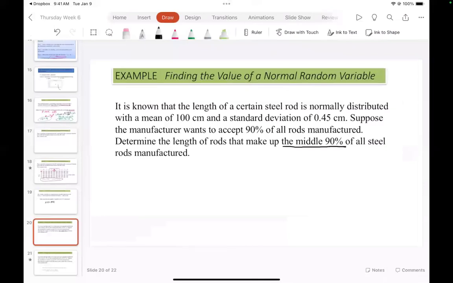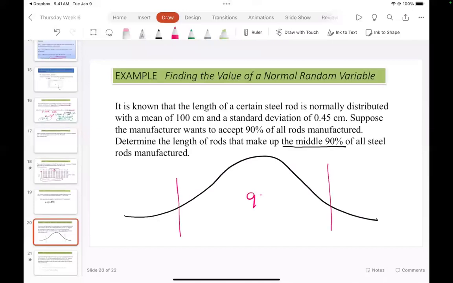So we need the lengths of the rods that make up the middle 90%. Let me show you. I draw my curve. The middle 90% is right in here. So we need to know what makes up this.